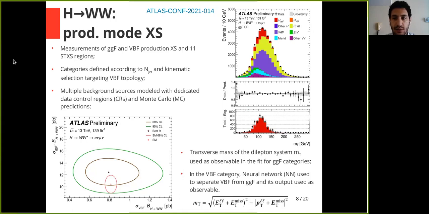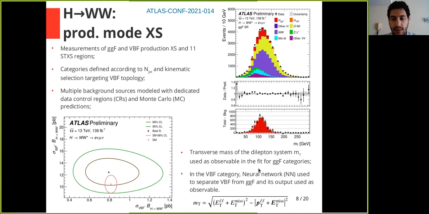The categories in this analysis were defined according to kinematic selections to target the VBF topology, and also to categorize according to the number of jets. The background was taken into account using dedicated data control regions and Monte Carlo simulations.